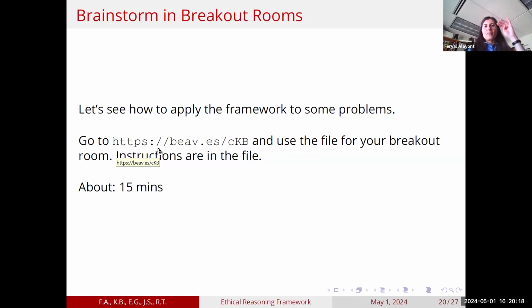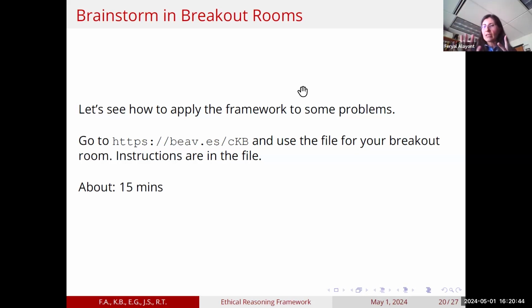If you go to that page, it's a Google document. There are different pages for each subgroup, and based on your room number, pick that page, and then we will join you. For your page, there's going to be instructions about what to do with the two problems that we gave you.